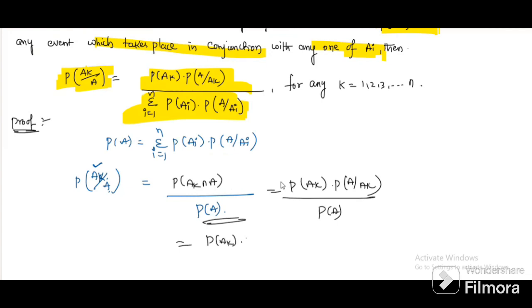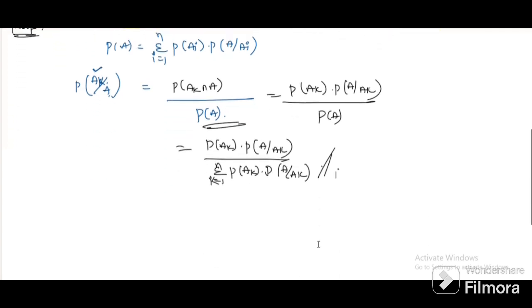So that's why it is P of AK into P of A by AK divided by the summation of I equal to 1 to N of P of AI into P of A by AI. This is the Bayes' theorem. From the conditional probability itself we will get this. So this is our Bayes' theorem, AK by A.